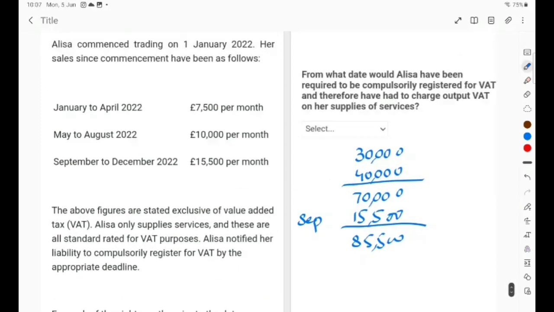So the question is to be compulsorily registered for VAT and therefore had to charge output VAT on her supplies of services. So we have to consider the date 30th September as the date when she meets the criteria, and 30th October is the date when she should have notified HMRC about this, and 1st November is the date effective for registration.